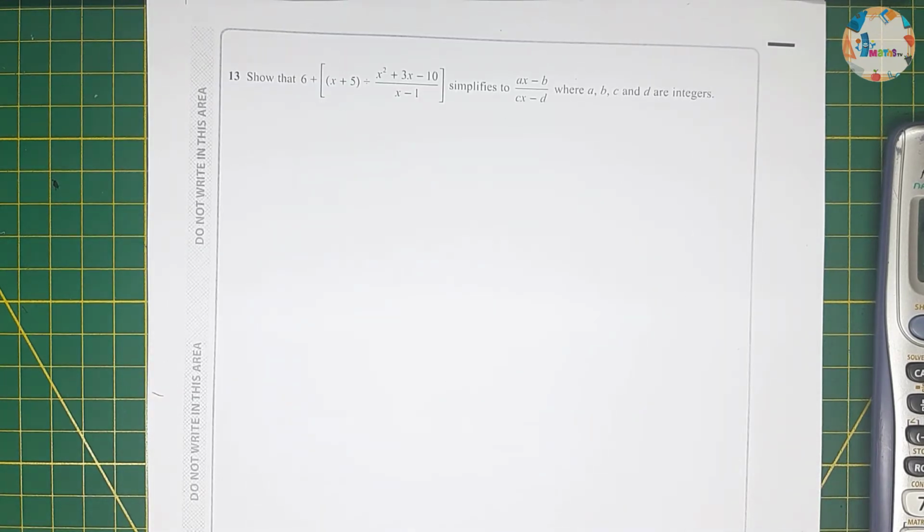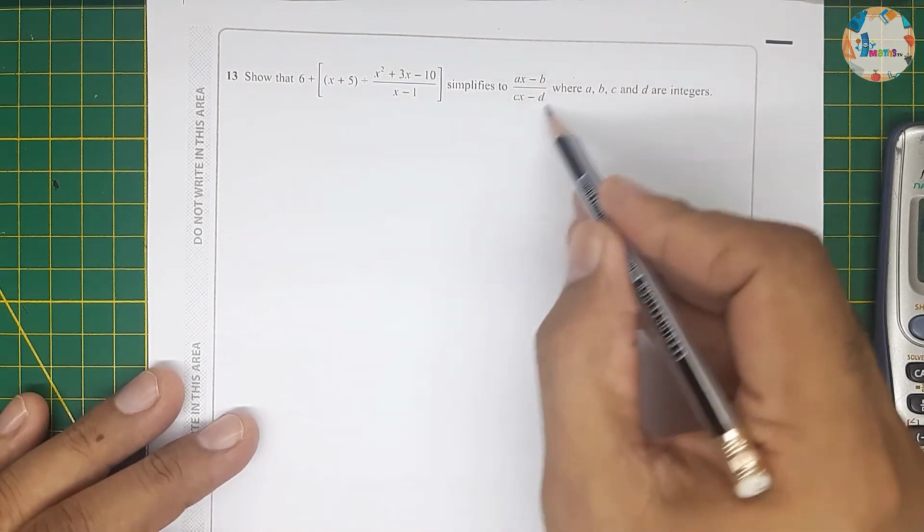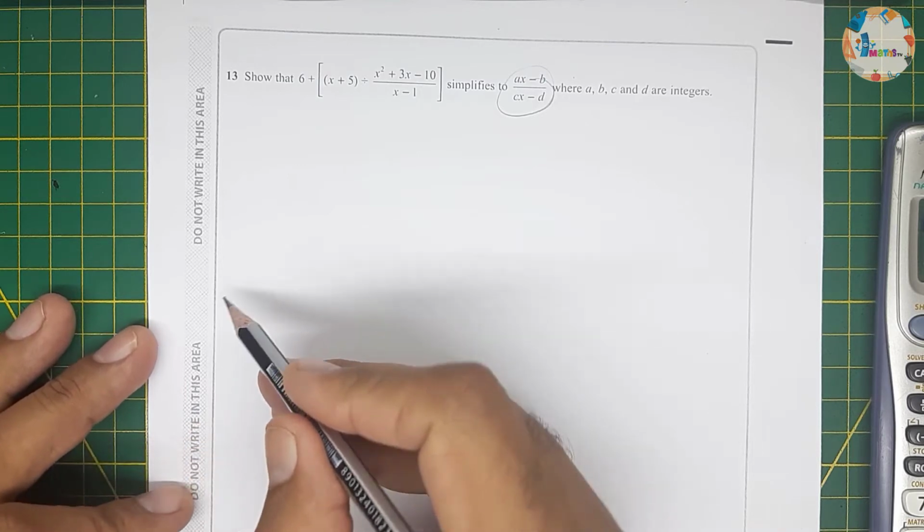Now question number 13, show that this one simplifies to this. So we will be showing this one.